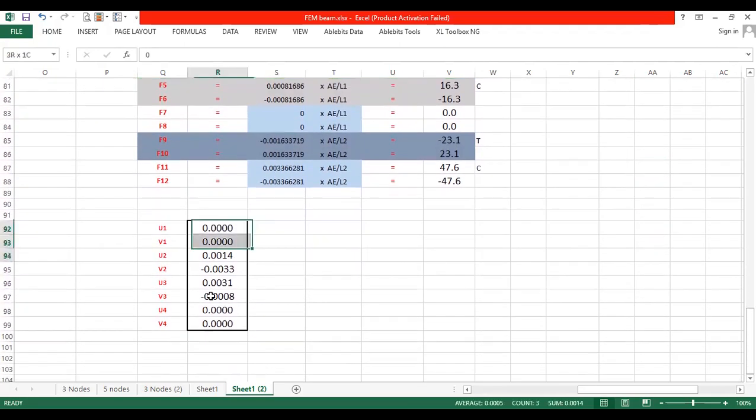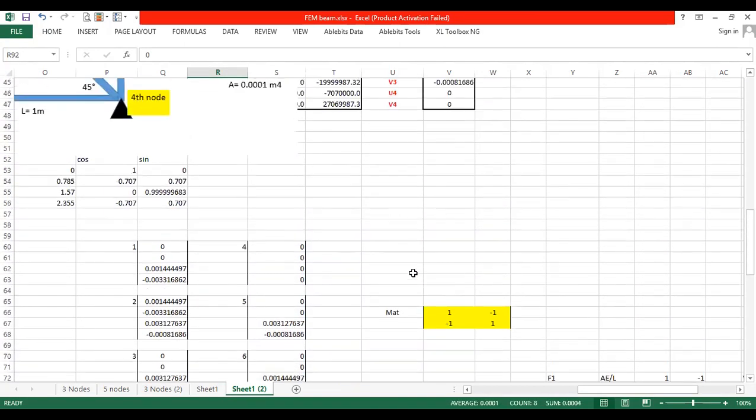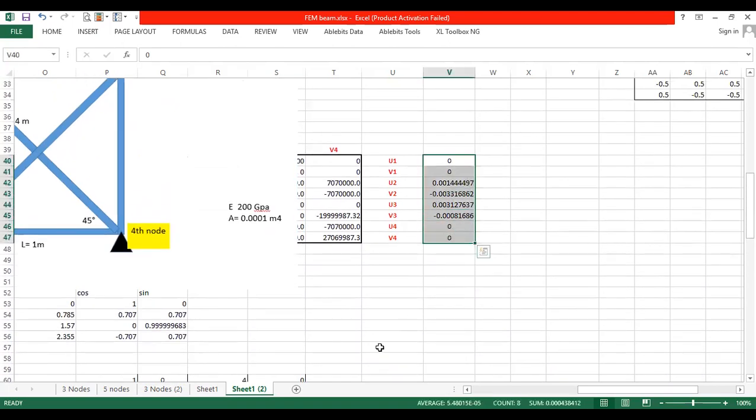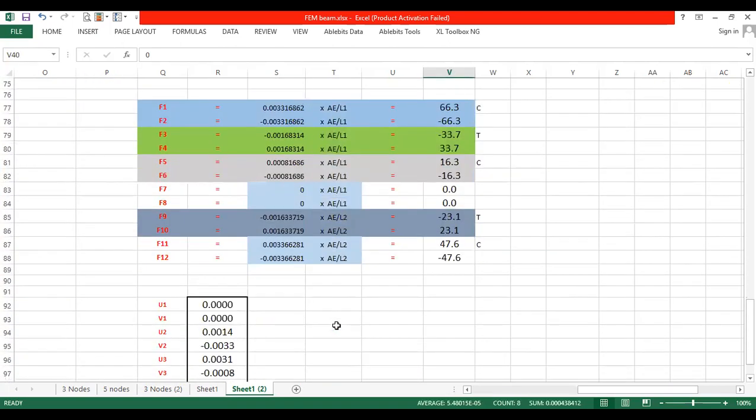So these were the displacements I obtained earlier at the nodes, right? So you can check whether these are actually true, right?